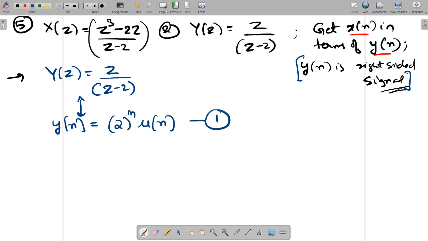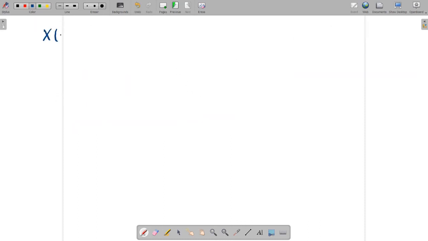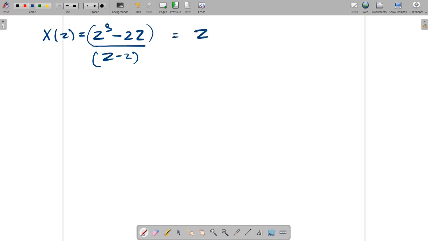Now, next. X of z is given as z cube minus 2z upon z minus 2. I can expand this: z cube upon z minus 2 minus 2z upon z minus 2. Now, how do I reduce this so that I can get some answer?